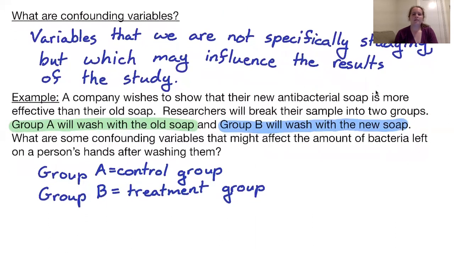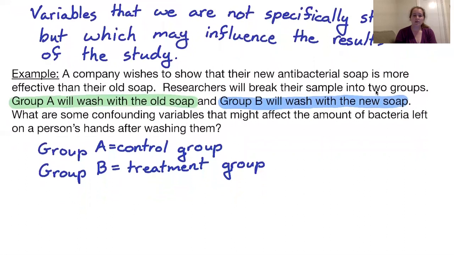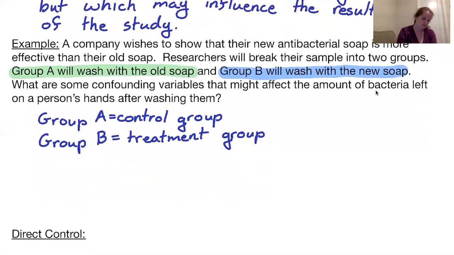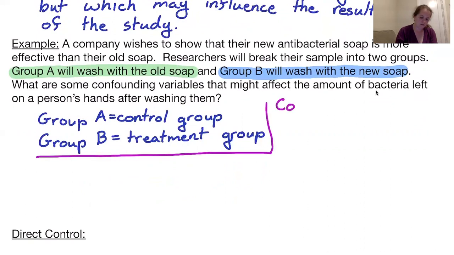Then I ask, what are some confounding variables that might affect the amount of bacteria left on a person's hands after washing them? So some things that might influence how much bacteria is on their hands after washing them. So some confounding variables.